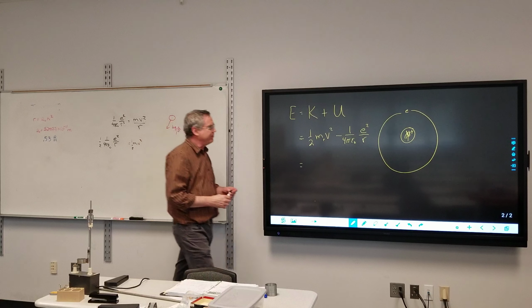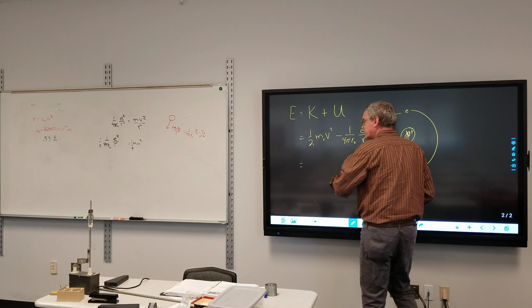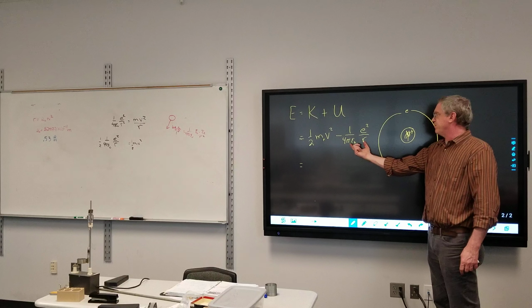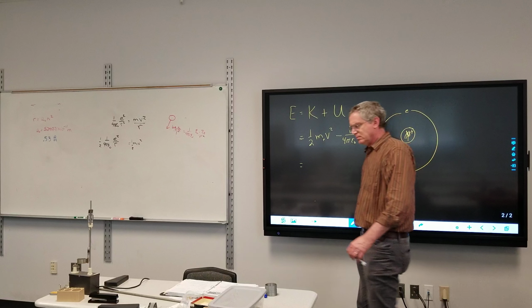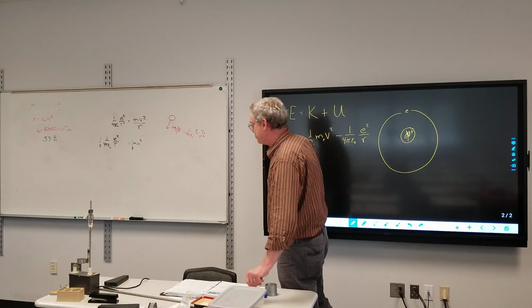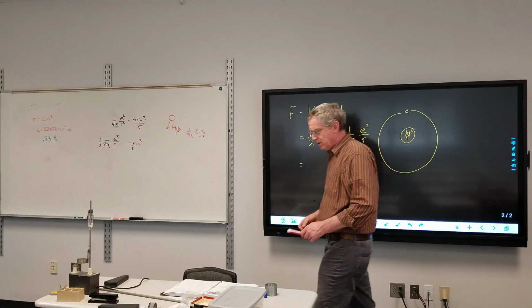So in essence, my kinetic energy for something in orbit is just half the magnitude of my potential energy. Or properly, half the absolute value of my potential energy.